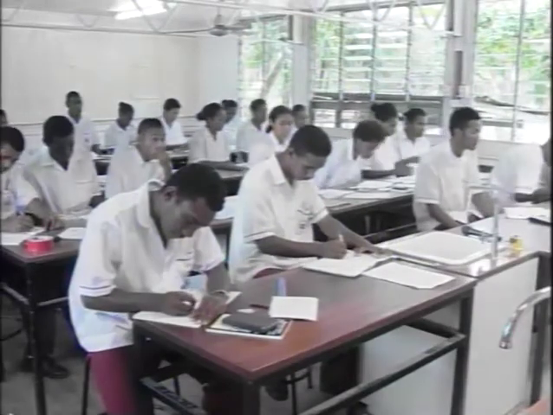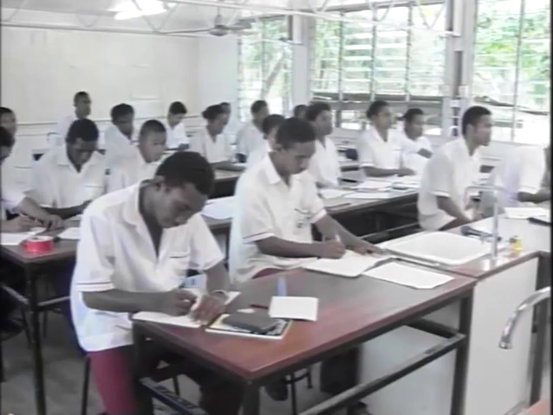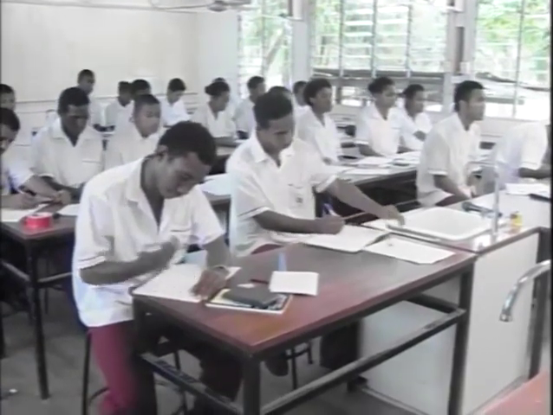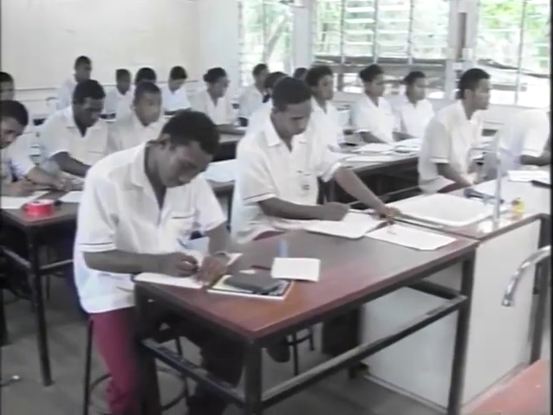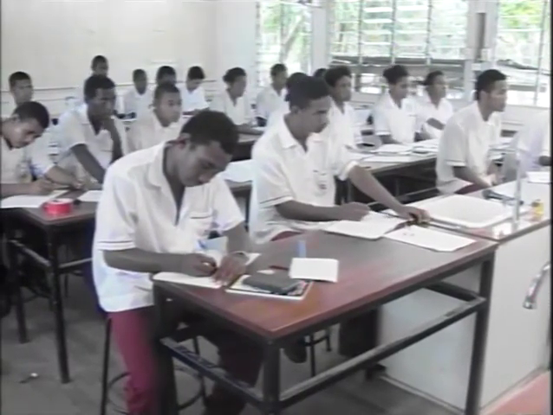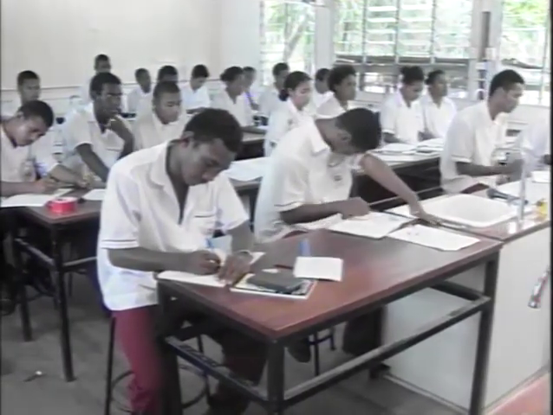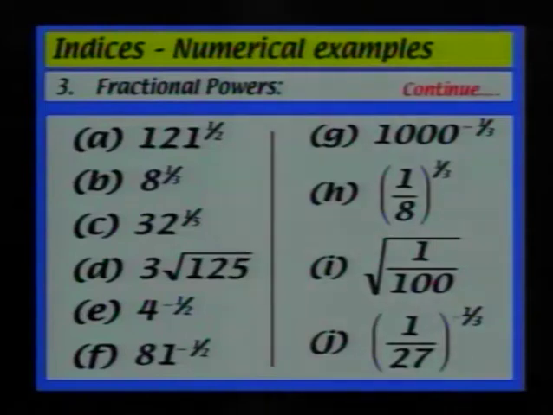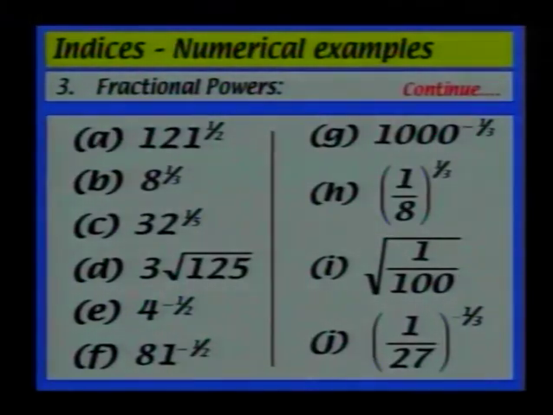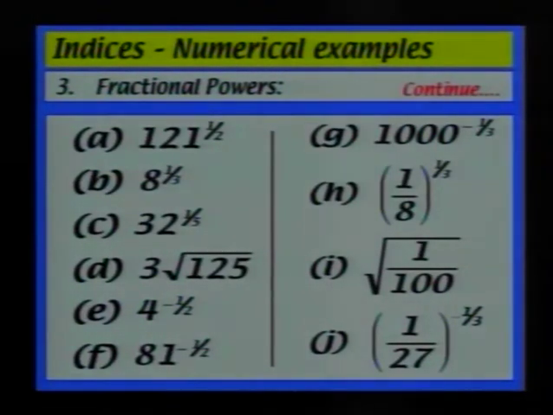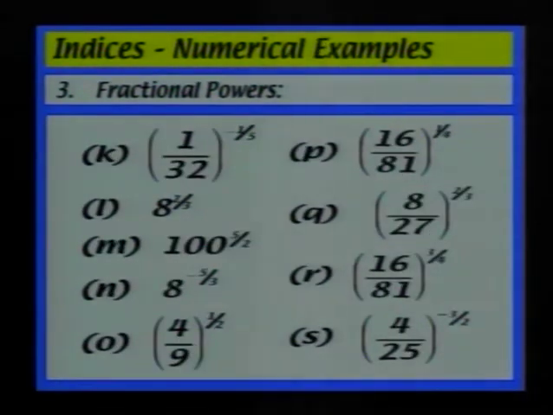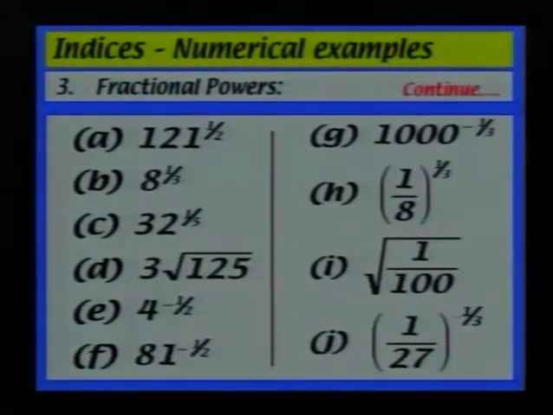Okay, today we'll be looking at the last section on laws of indices. Before we do that, we have to look at the homework that you were given during the previous lesson. I think we looked at the answers to A, E, and L already.